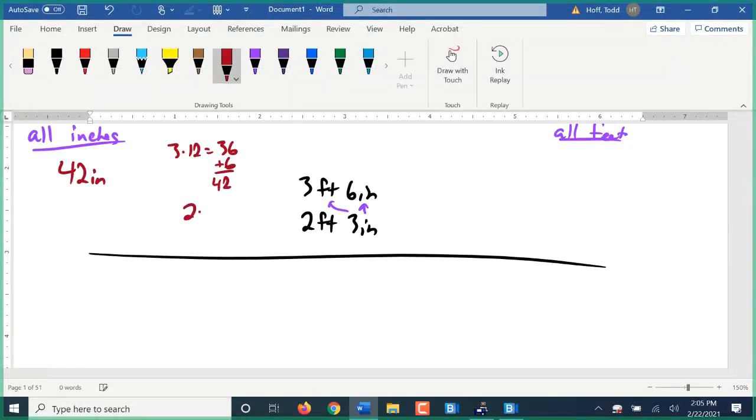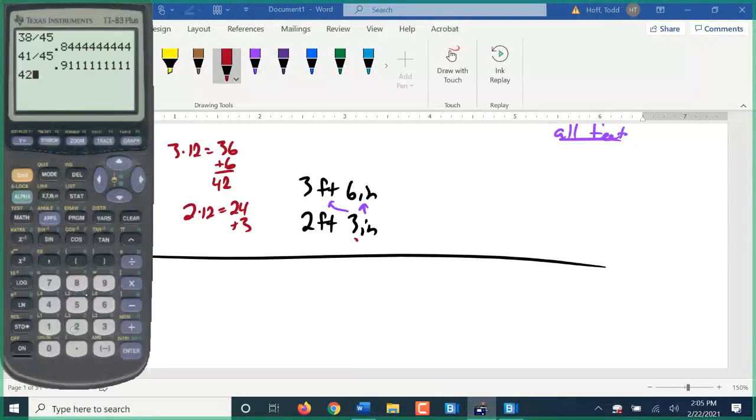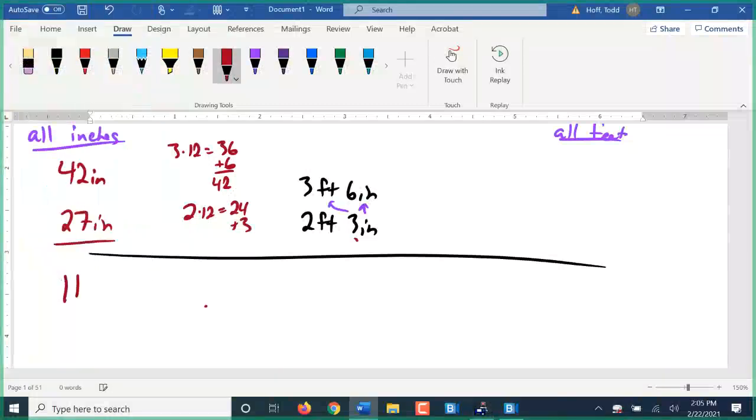Here we've got the 2 feet, so 2 times 12 is 24 inches, plus the 3 would be 27 inches. And we have 42 times 27. It's going to give us 1,134. And it's inches times inches, so it's inches squared.